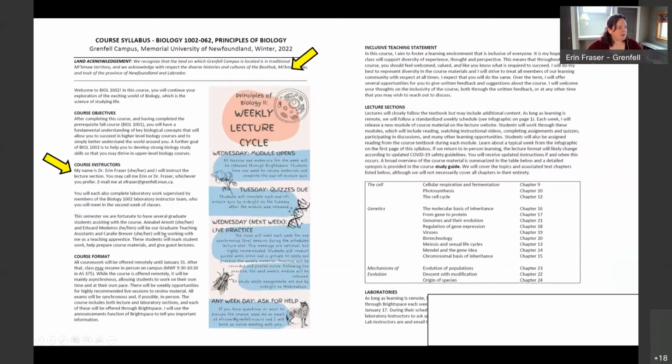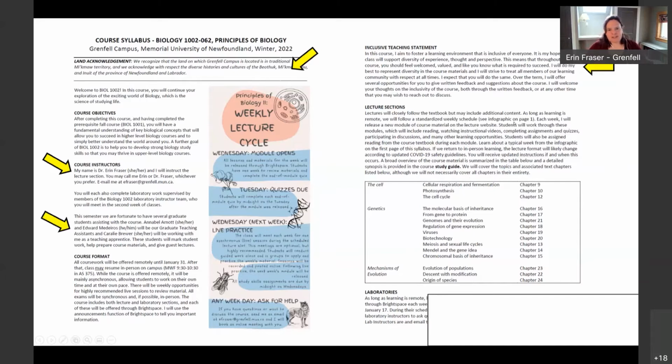We took the time in introducing the instructor team to tell students how we like to be addressed, like what is the appropriate way to call us, which for a lot of students who maybe don't have a lot of university experience, that can be a barrier to talking to the instructor team if you don't know what to call them. We made sure that we had everybody's pronouns in there if they were comfortable doing that.